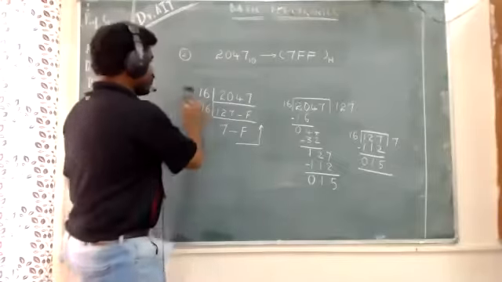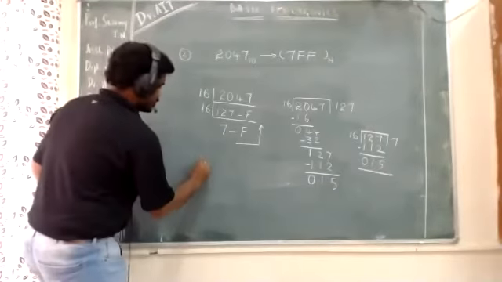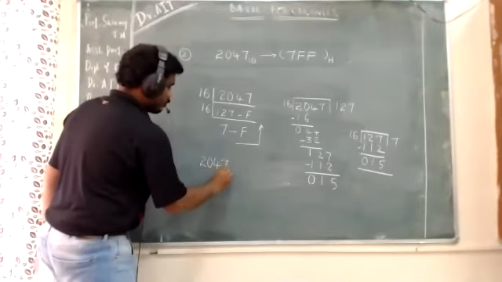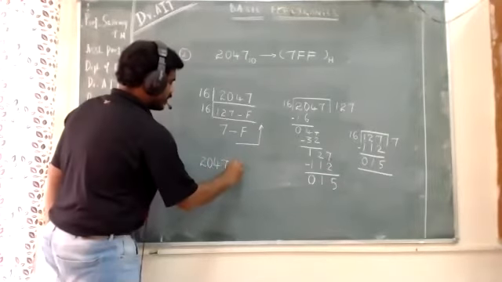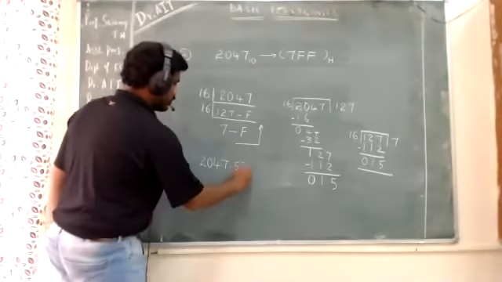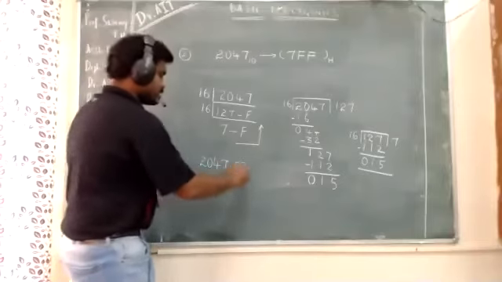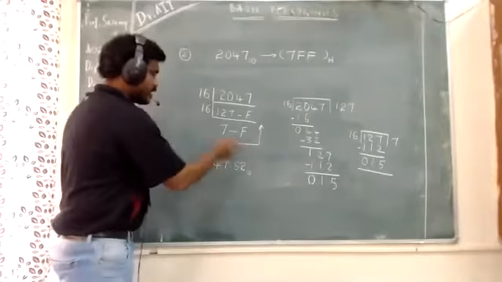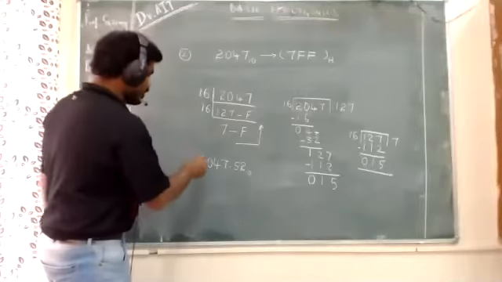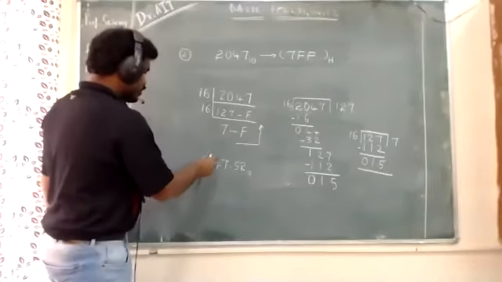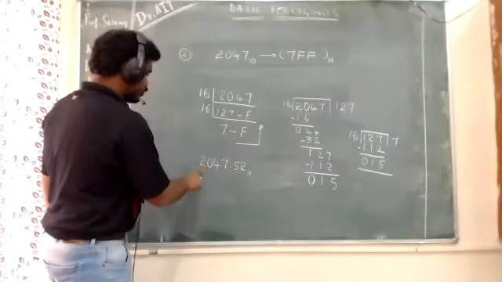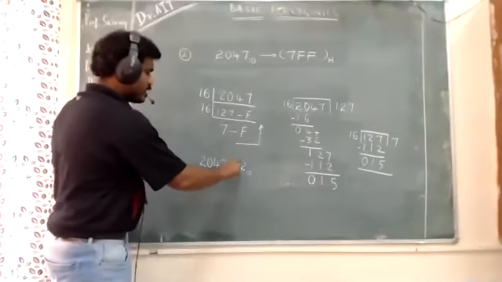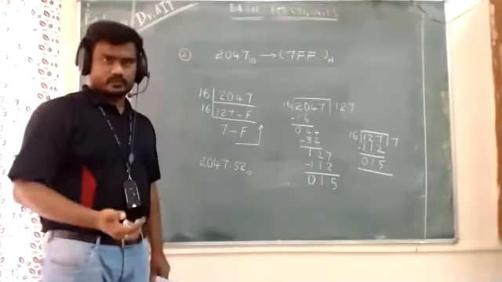So for example, you have a number like this, 2047.52. This is a decimal number, and you have to convert this into hexadecimal. We have already known the hexadecimal equivalent of 2047, but I need to find out the hexadecimal equivalent for 0.52.